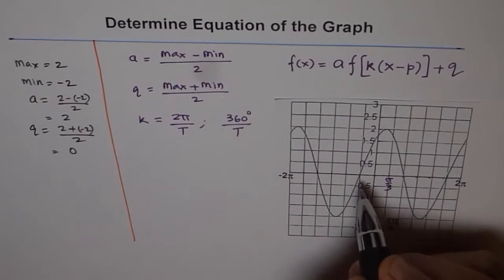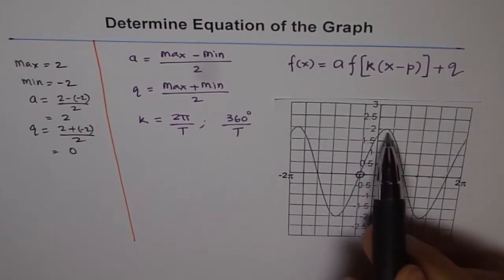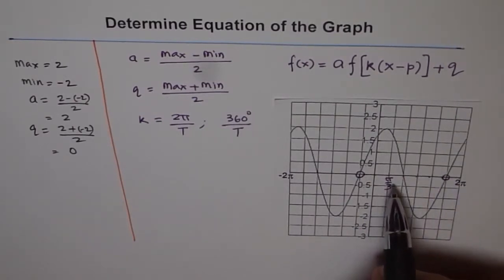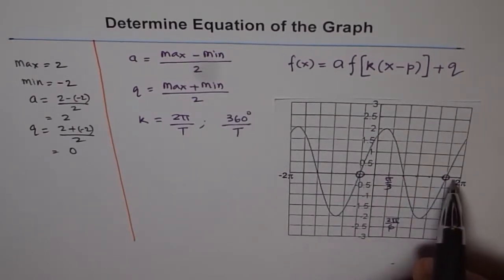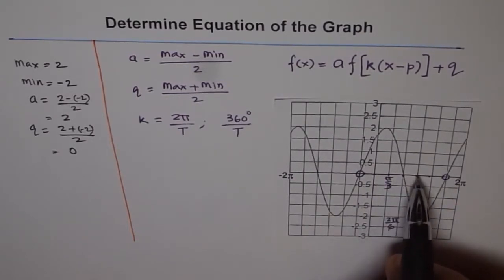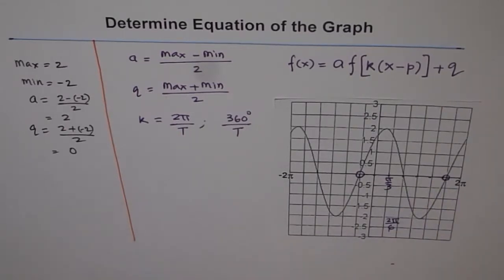Now this is a good point to start with. From here, the wave starts and completes at this point. So let's see how many pi by 3's we cover from here to there. 1 pi by 3, 2 pi by 3, 3 pi by 3, 4 pi by 3, 5 pi by 3 and 6 pi by 3. That gives us 6 pi by 3 as the time period.